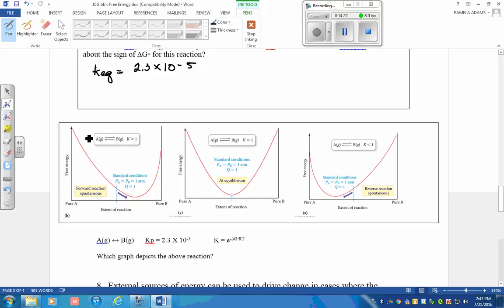If K is greater than 1, the forward reaction is spontaneous because here is where the equilibrium occurs. And at equilibrium, there are equal amounts of A and B. So we can conclude that delta G in this case is going to be positive because the reactants are favored.